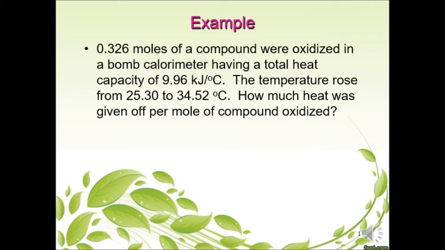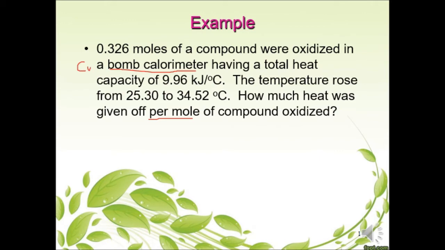How much heat was given off per mole of compound oxidized? Now look at the question here. We can gain information from the question given. It says bomb calorimeter, and when it says bomb calorimeter it means constant volume. So it's going to be Cv.